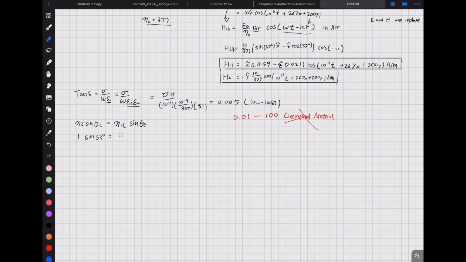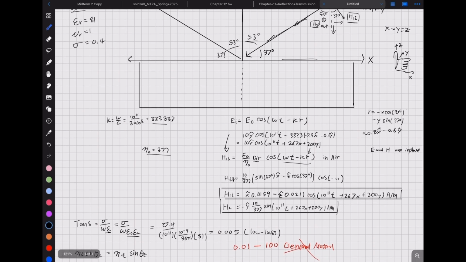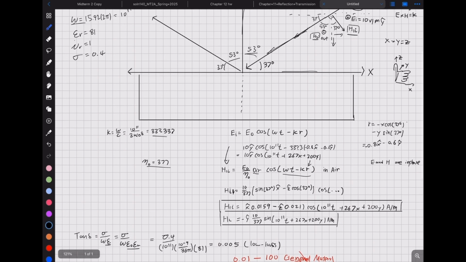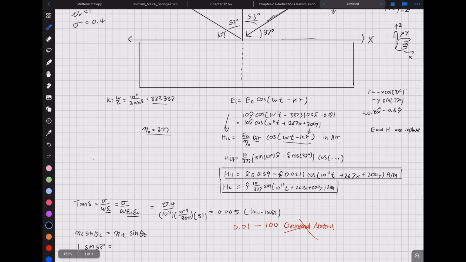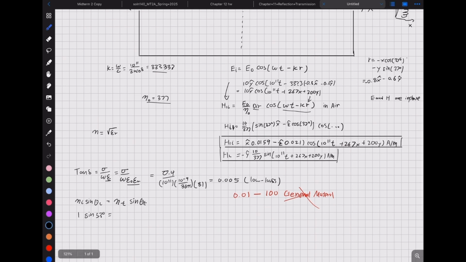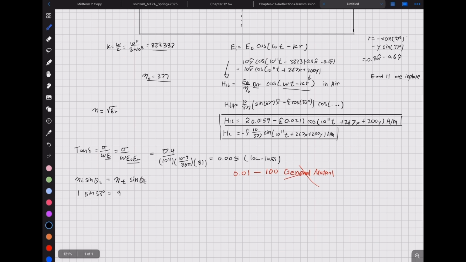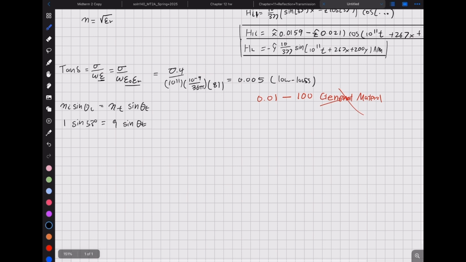So n of transmitted is our n of t, and our n of t is found through epsilon r. So n is equal to the square root of epsilon r, and the square root of epsilon r is going to be 9. So we have 9 sine of t. And like that, we have everything we need to find the angle.